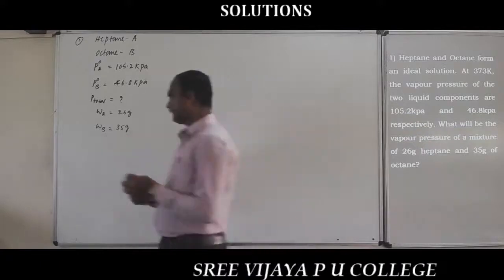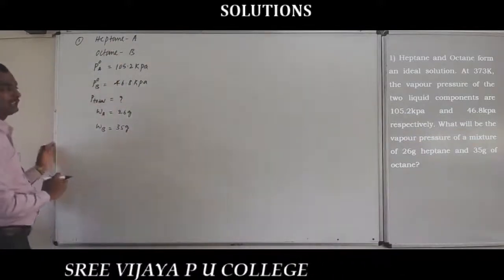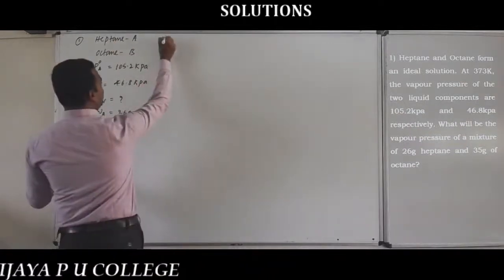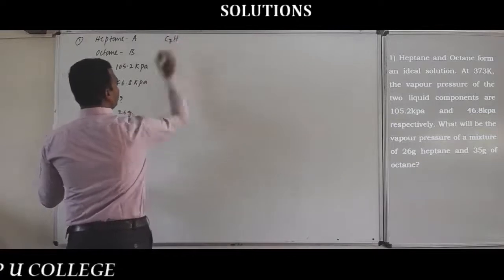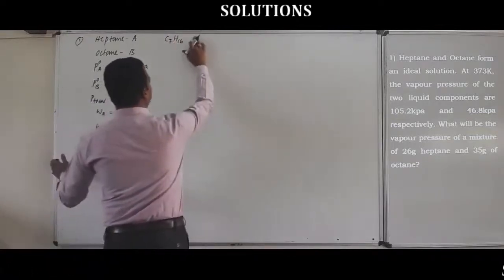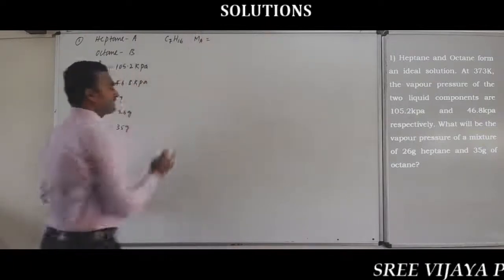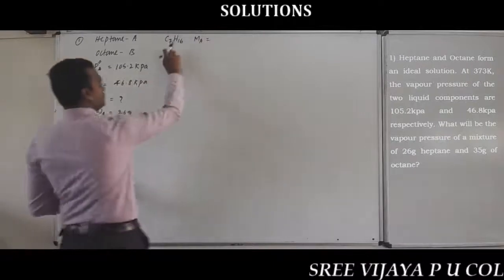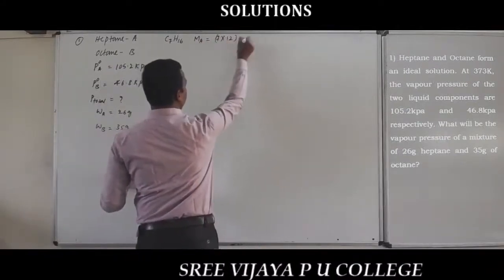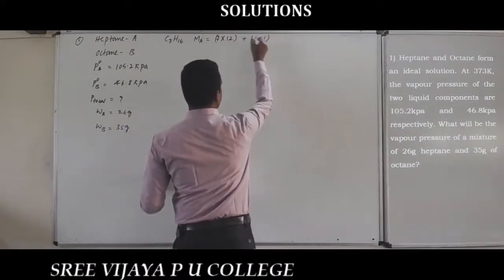Before that, you have to work out the formulas and molecular masses of heptane and octane. Heptane is A, with molecular formula C7H16. Find out the molecular mass of heptane: 7 into the atomic mass of carbon, 12, plus 16 into the atomic mass of hydrogen, 1.